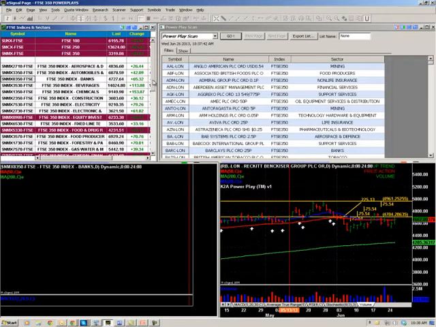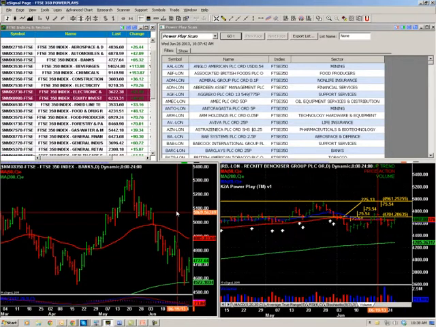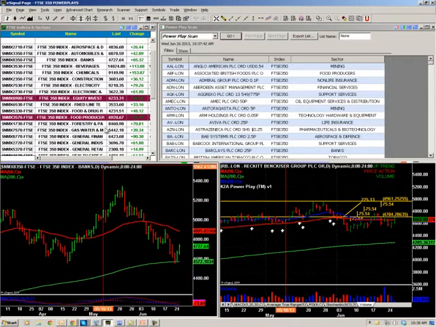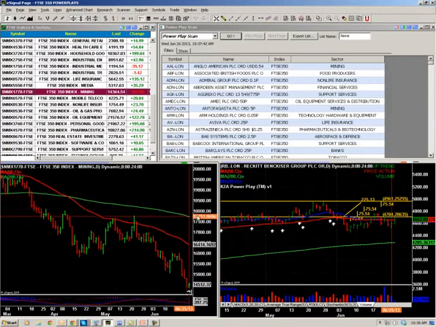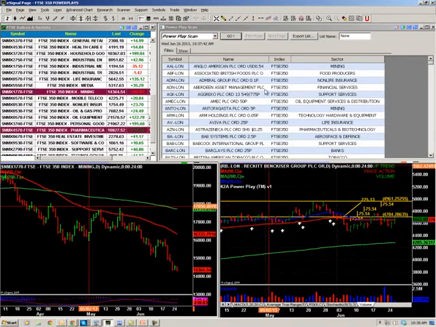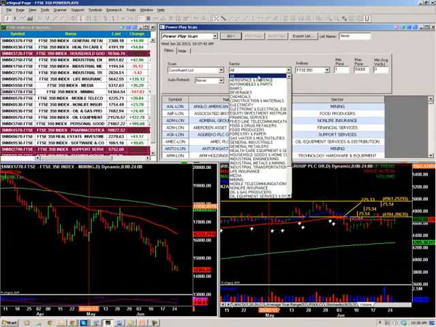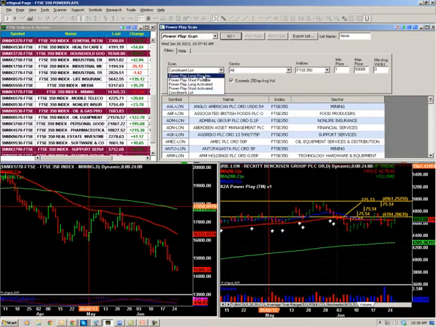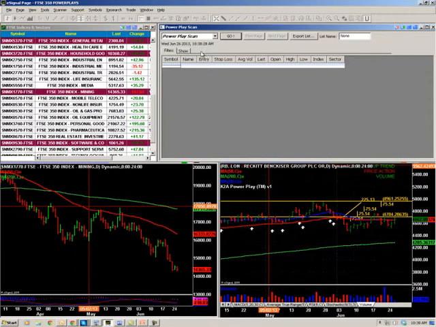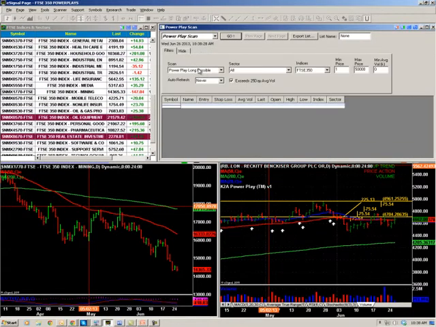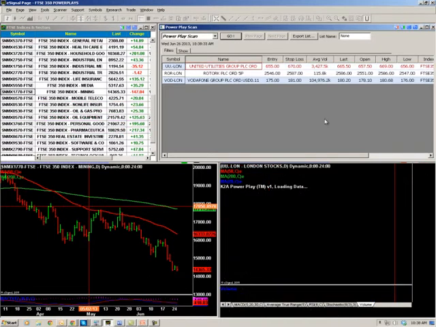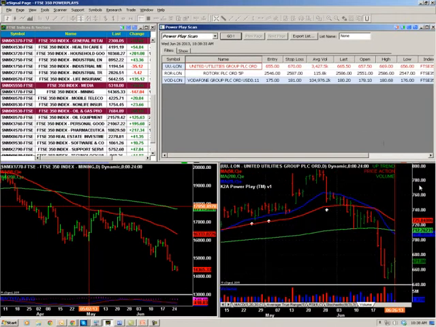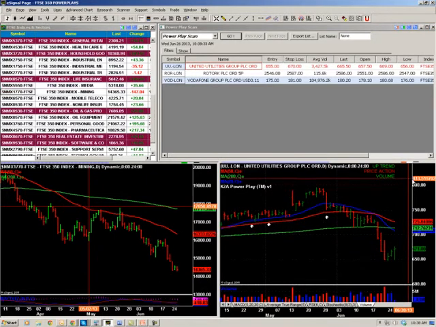Let's see banks. If that's reversing, bouncing off the 200. Oh, mining companies struggling big time. They keep on making new lows and new lows and new lows. Let's see what's happening here. I had to close some of my positions on stocks as the market is looking very bearish across the board.